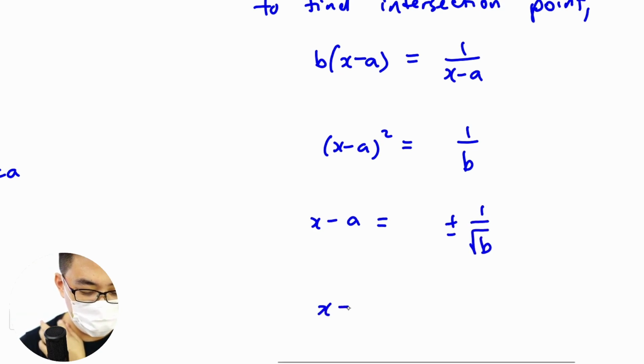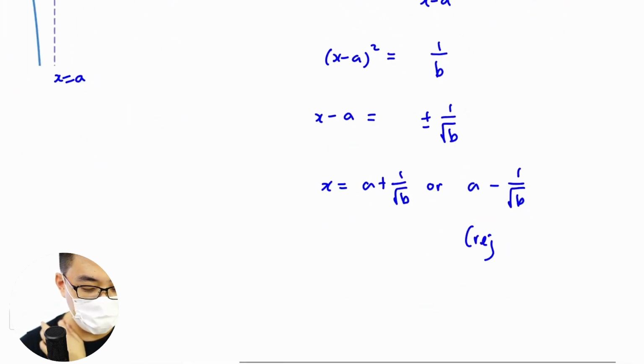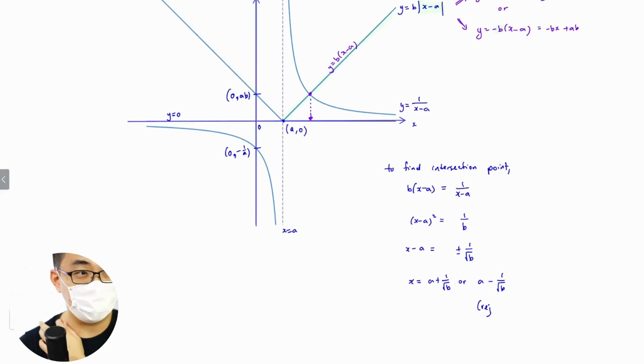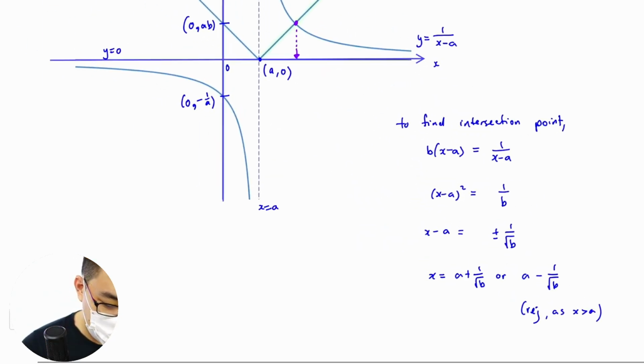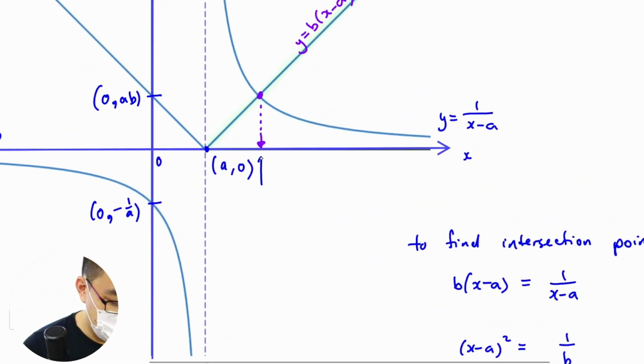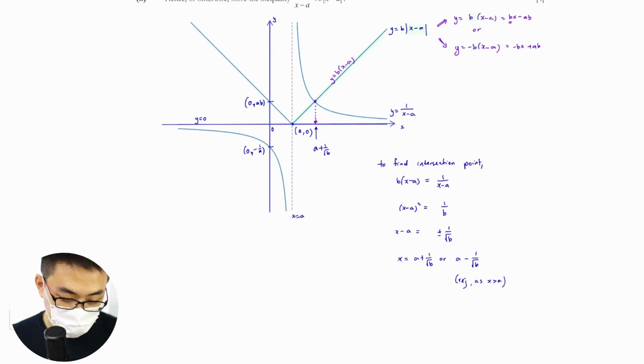And then x is just a plus 1 over root b, or a minus 1 over root b. So just reject this one because it has to be bigger than a, like we already established. So this intersection point here is actually a plus 1 over root b. Okay, not too bad lah. You need to find that.